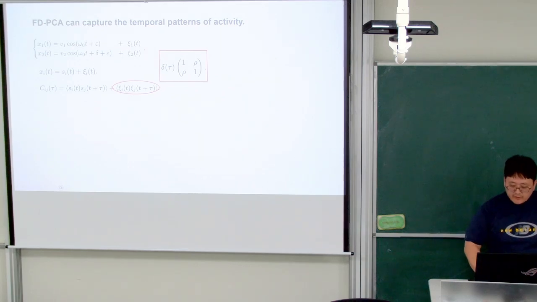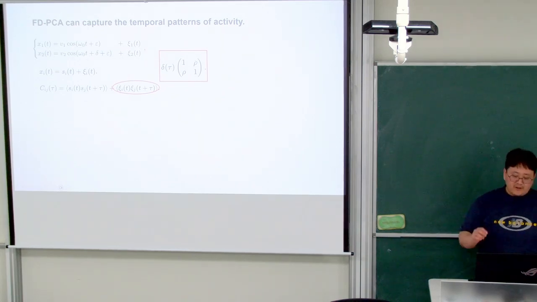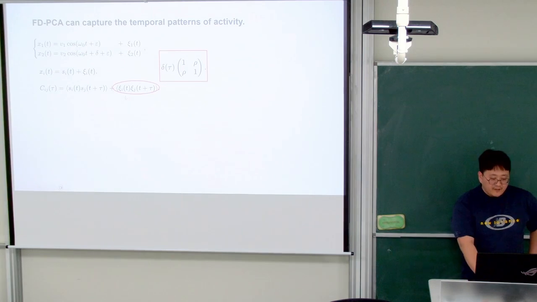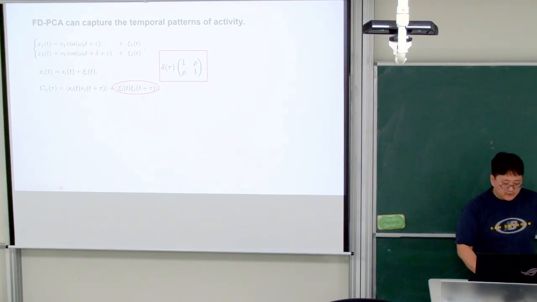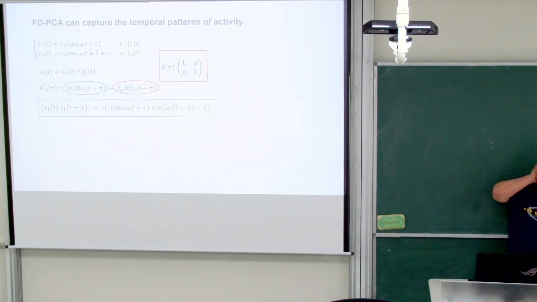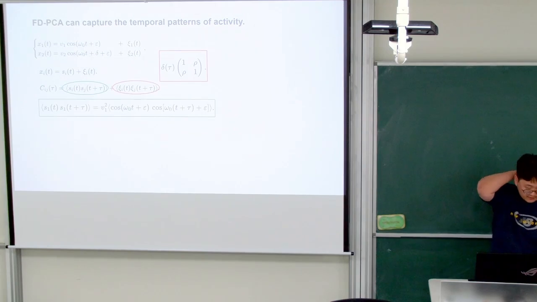This rho corresponds to the covariance between this noise and this noise. So we also calculate the covariance related to the signal.